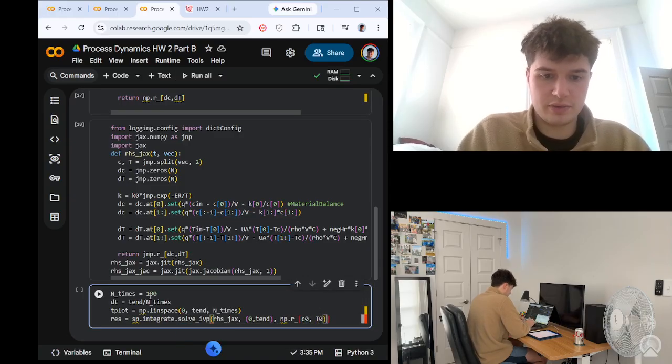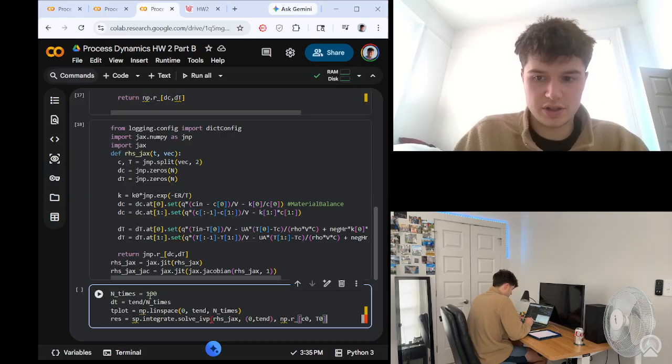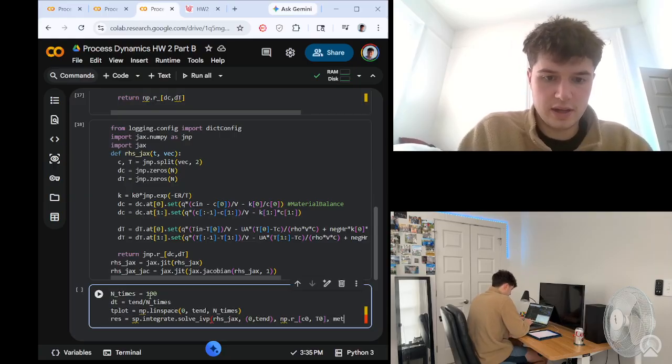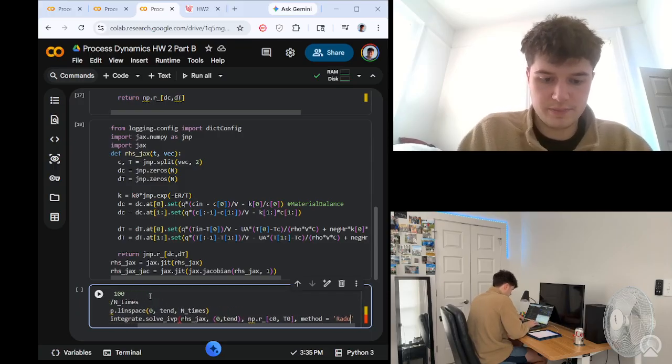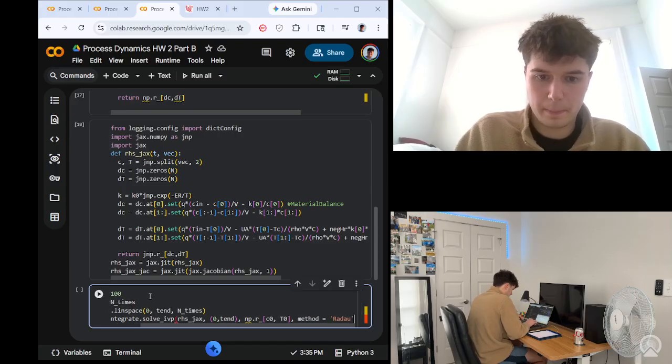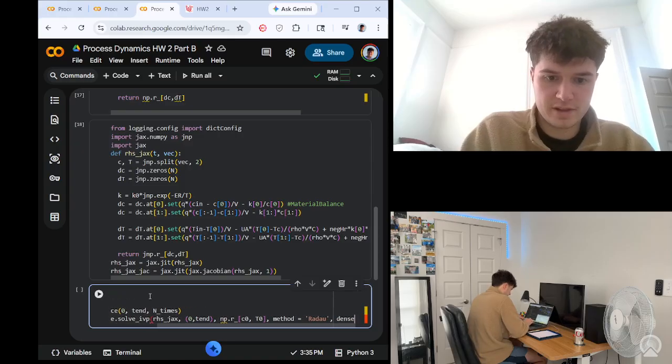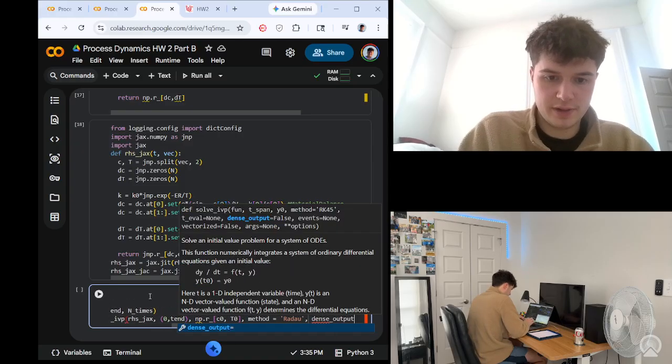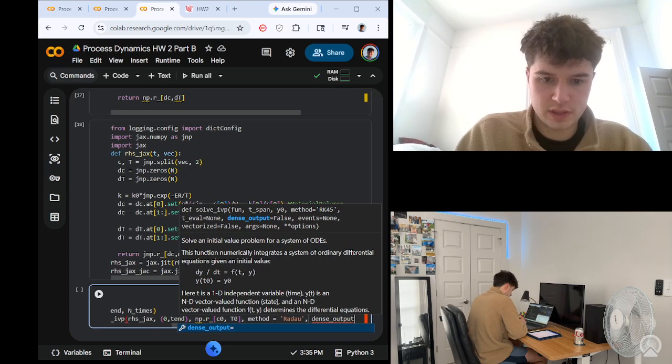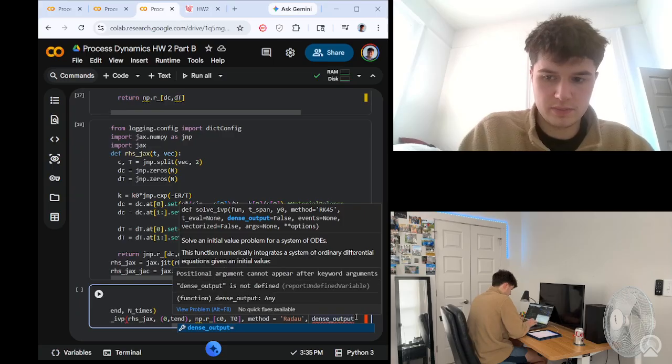Again, everything revolves around these concentration and temperature profiles. And then again, as always, method Radau, dense underscore output going to be true.